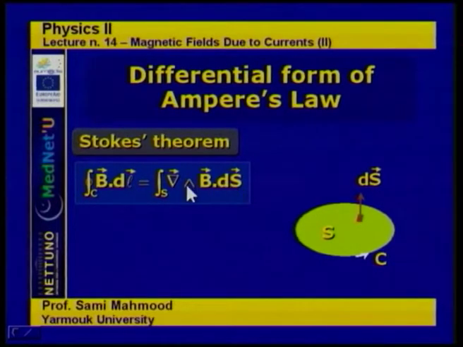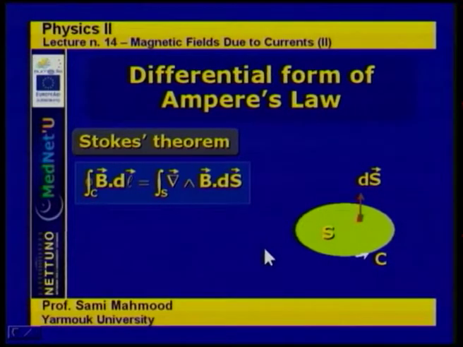So curl B at this point, times the dot product with the element of the surface at that point, integrated over all the surface will give B dot dl integrated over the Amperian path surrounding that surface area.